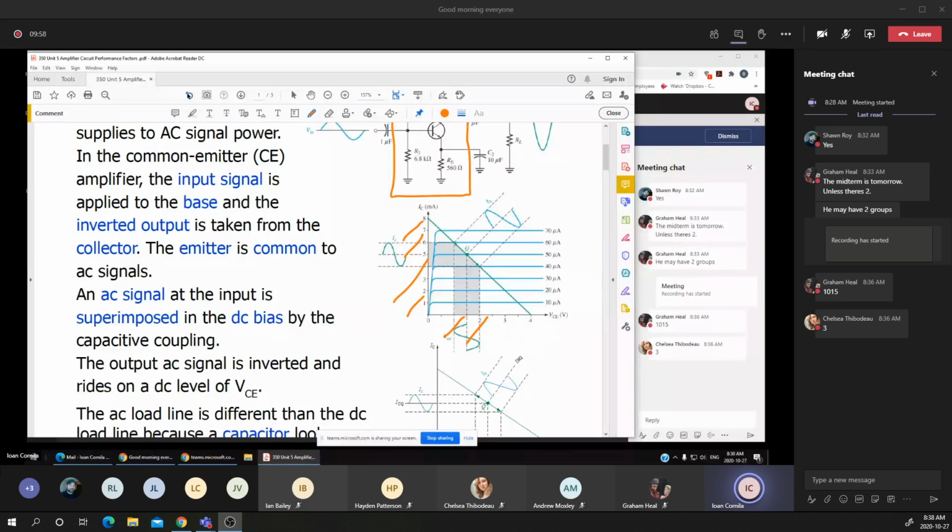Now, going into the linear region means that we are trying to place the transistor as close as possible to the midpoint between the extreme values, the min and the max, in terms of the voltage or in terms of the current.